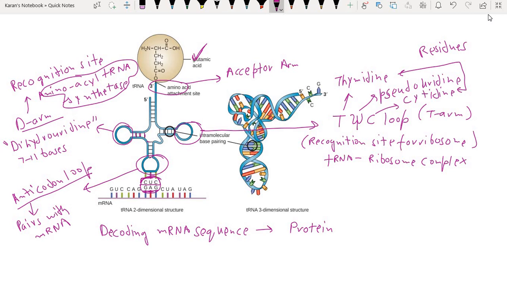Now let me tell you what is aminoacylation of tRNA. It is basically known as charging of tRNA. Here the amino acid is activated in the presence of ATP, so it will bind to its cognate tRNA. You can see here it is bound to this 3' arm, right?